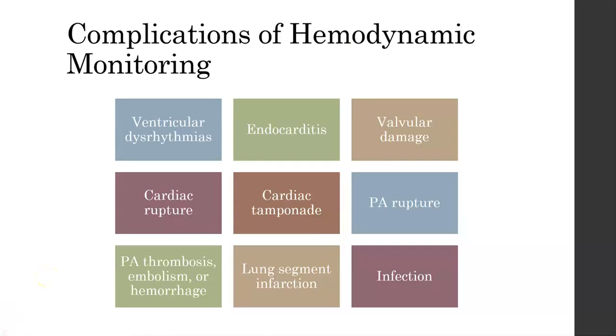The right pulmonary artery supplies the right lung, while the left pulmonary artery supplies the left side of the lung. But the pulmonary artery catheter sits in the right pulmonary artery, so we can have lung damage if it gets dislodged. And then obviously infection, because anything in the body that's not supposed to be there is always an infection risk.